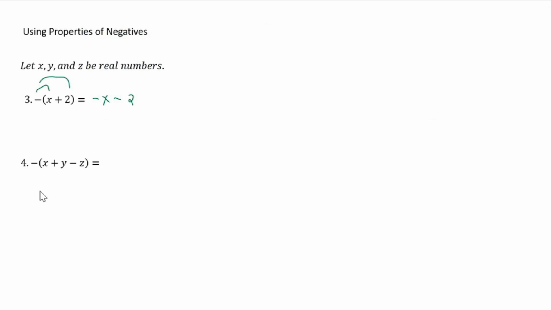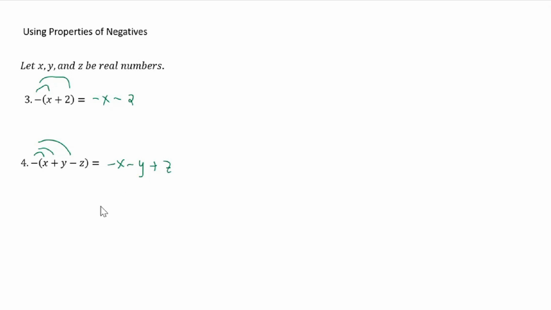Now, going to this example, the negative times the quantity x plus y minus z. We are going to change the sign by multiplying negative outside of this quantity. Or you may apply the properties of multiplying integers. Negative times x is negative x. Since this is positive, I will change it to negative y. And the negative z here, negative times negative is positive z.